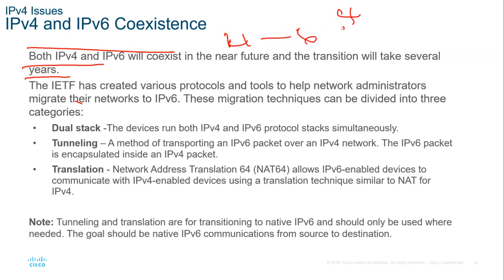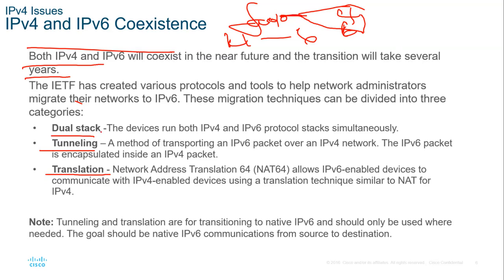These two can coexist on a single interface, and the transition will come in slowly, which can take several years depending on the adoption mode. The modes are dual-stack, tunneling, and translation. These are the modes on how these two versions can coexist.